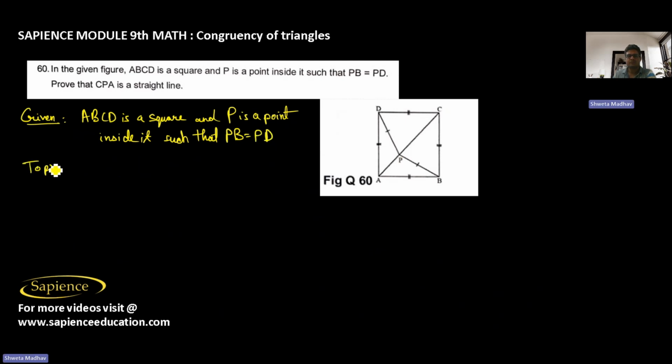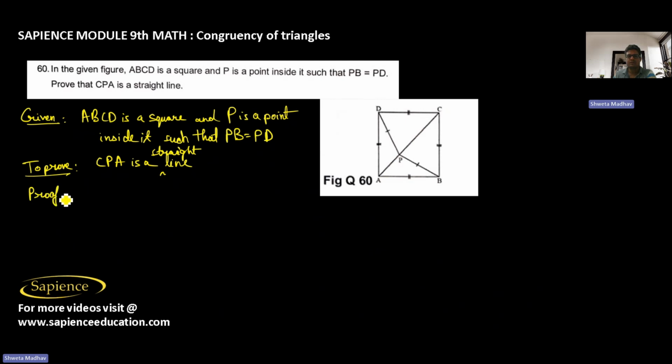So we have to prove that CPA is a straight line. So obviously the CPA line we have to draw.